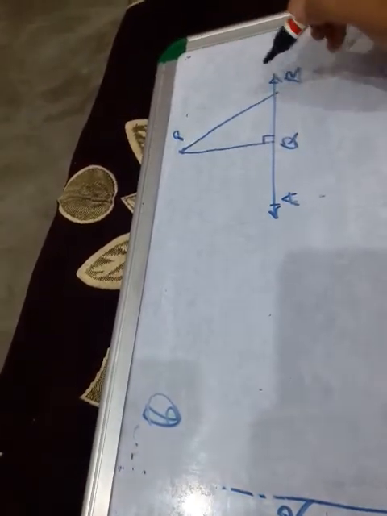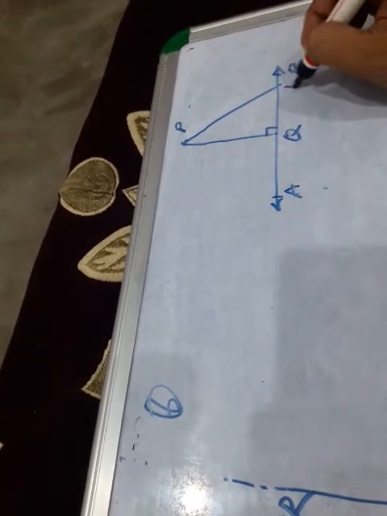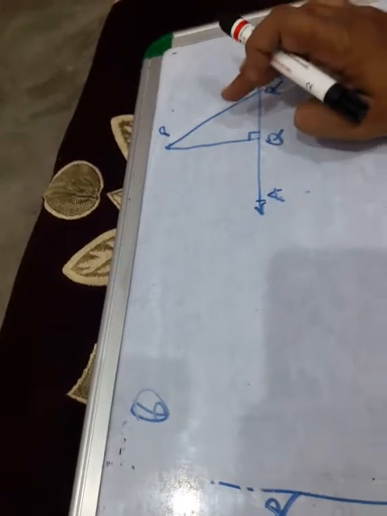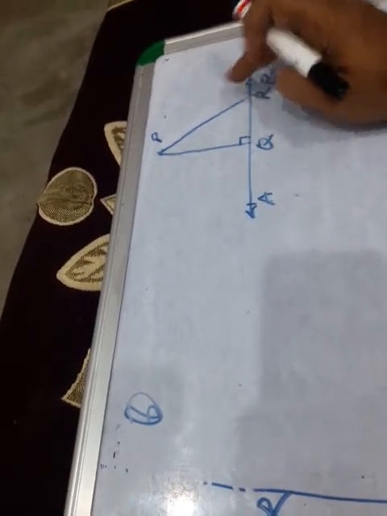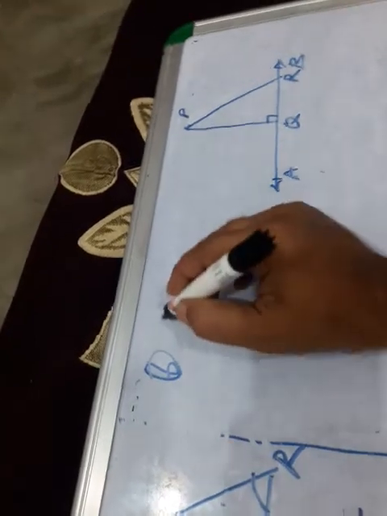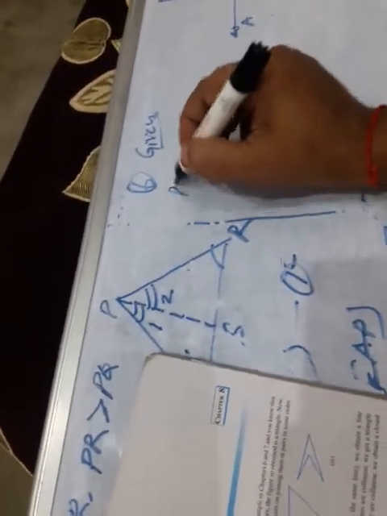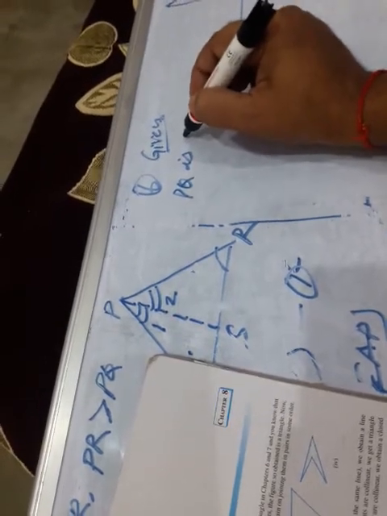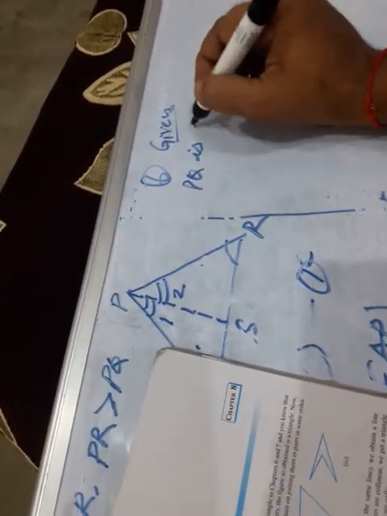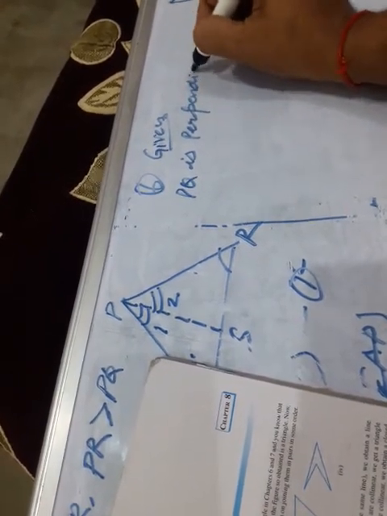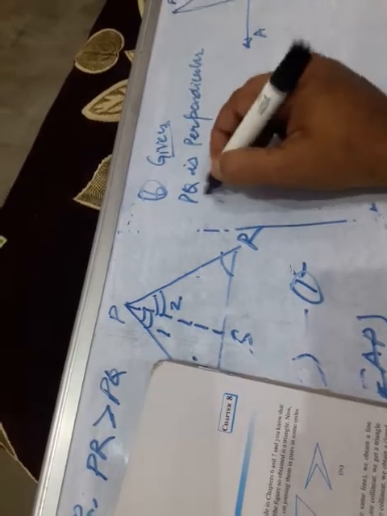Take another line other than PQ, and let the point be R. Now we have to show that PQ is less than PR, where PR is any other line. So what is given, children? It is just your right angle triangle. PQ is the perpendicular line segment.